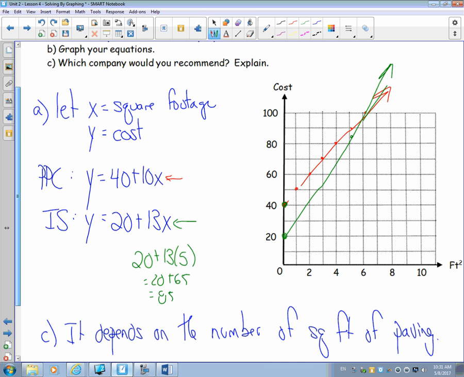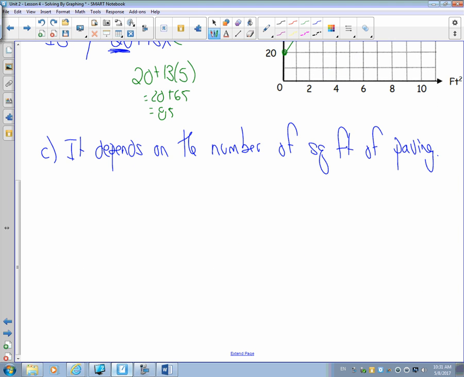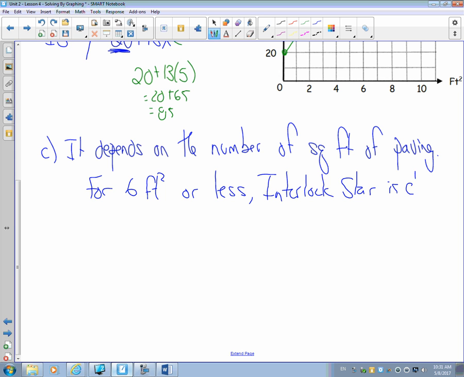Okay, it depends. Which one's cheaper? Interlock Star started at 20, right? It was the initial value, and this was the initial value. Interlock Star is cheaper to start, up until we get to the POI, right about there, until about 6 square feet. So for 6 square feet or less, Interlock Star is cheaper.